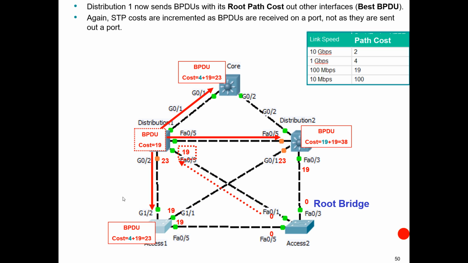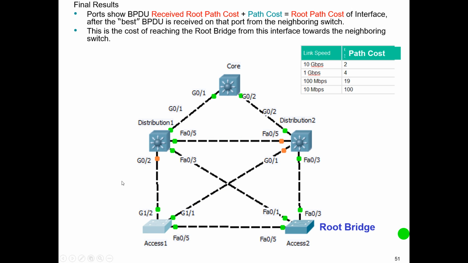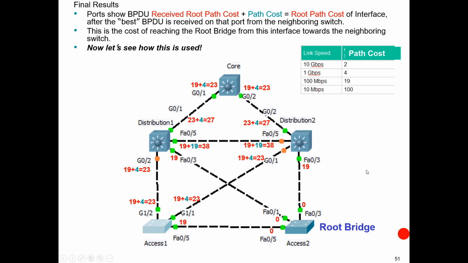STP costs are incremental, so keep that in mind. The final result will show the ports that receive the root path cost, and the root path cost plus the current path cost will equal the new root path cost. So what does that mean? To go from this switch to our root bridge will be 4 plus 19.